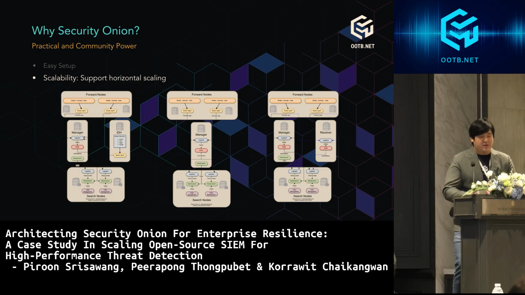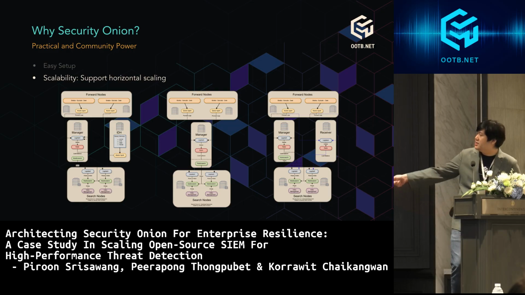Security Onion addresses this by supporting horizontal scaling with different types of nodes that share the load. For example, it has a forward node, which captures the traffic and logs from the endpoints and sensors and sends them upstream. Receiver nodes are designed to handle very high volume log ingestion. They are just like the integrator of massive syslog streams.